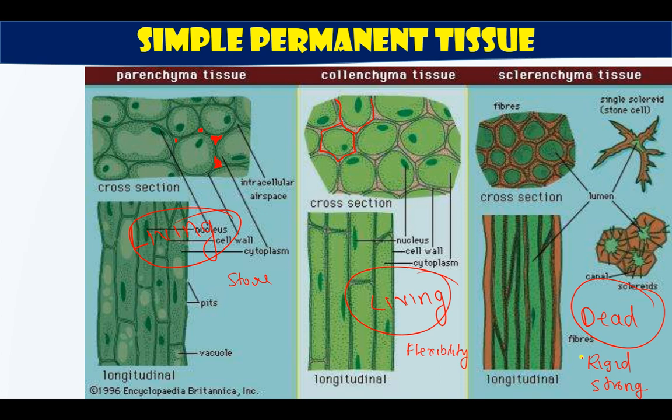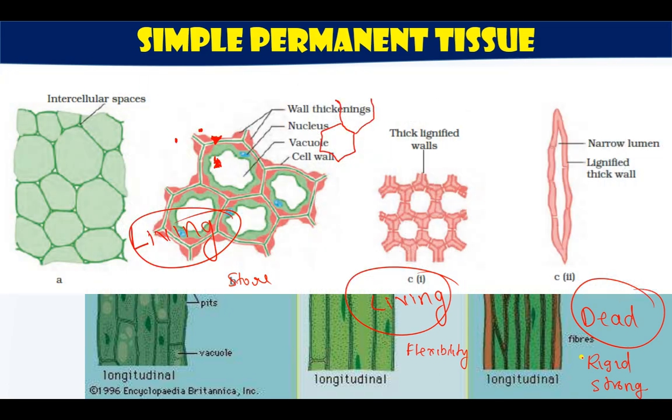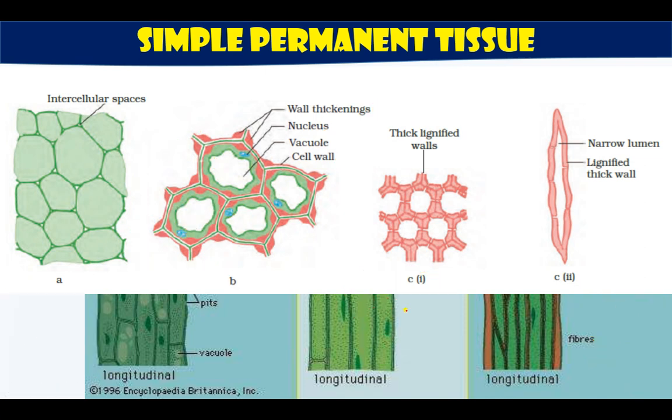Now let us see the image that is given in the textbook. Yes, so one more image is given here for comparison of the three types of simple tissues. You can see the first image that you see over here is of parenchyma tissue. Let me write over here, parenchyma.